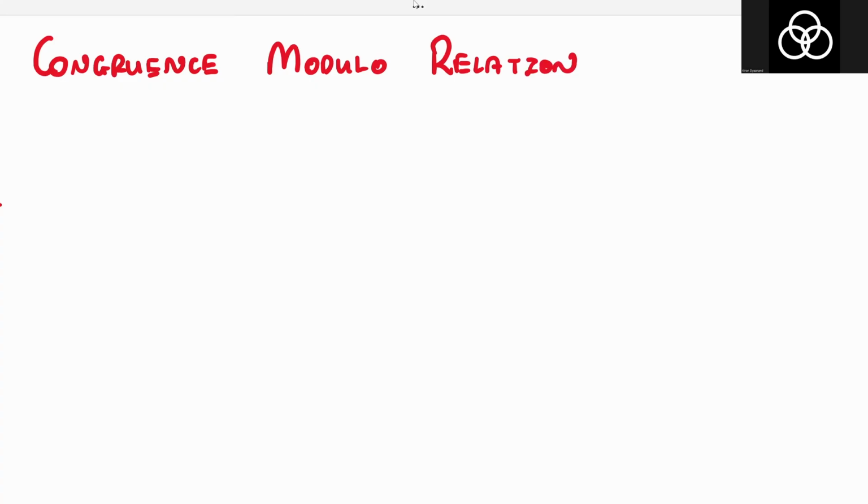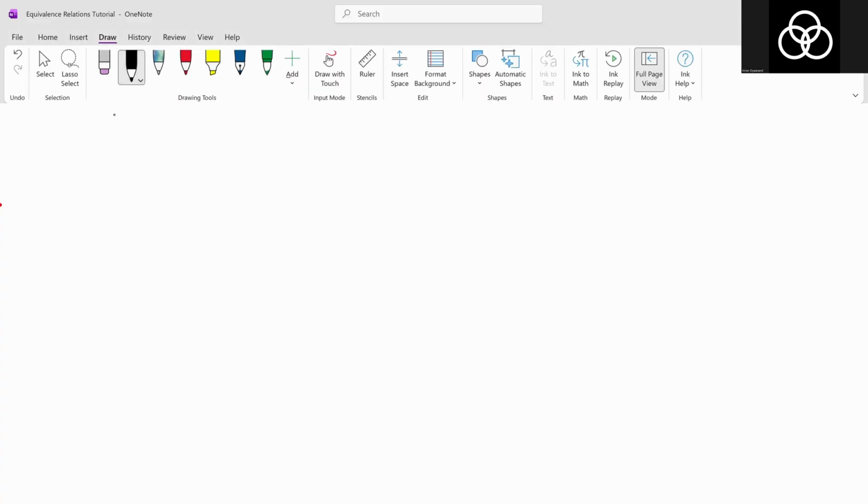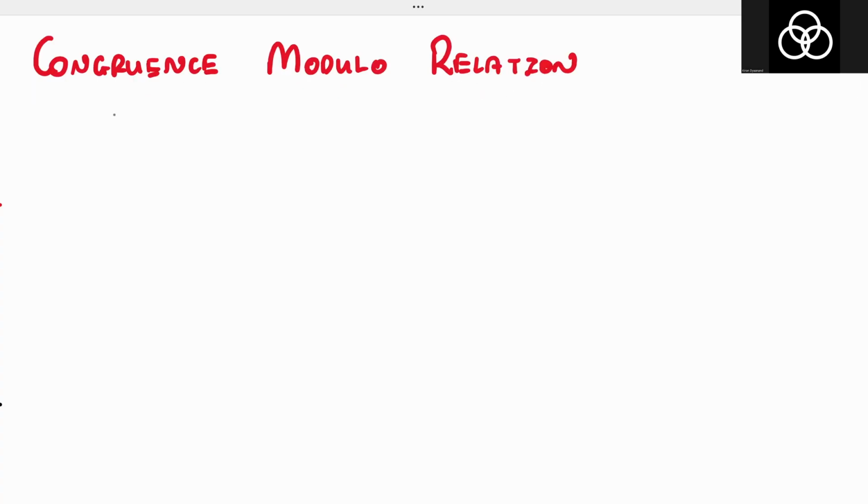So when we say modulo here, we are talking about your modular arithmetic. So you all may have seen this in the back end of Unit 2 Pure Maths or maybe N1 Maths. But if not, when we talk about the congruence modular relation, this is how we define it, right?